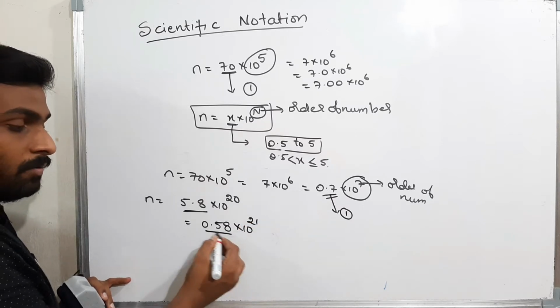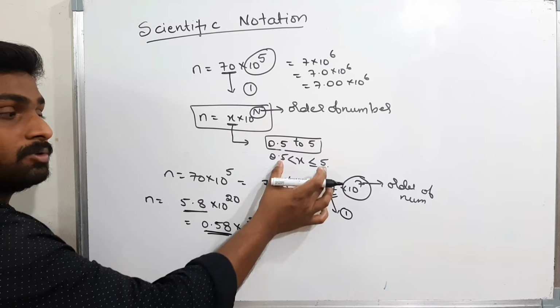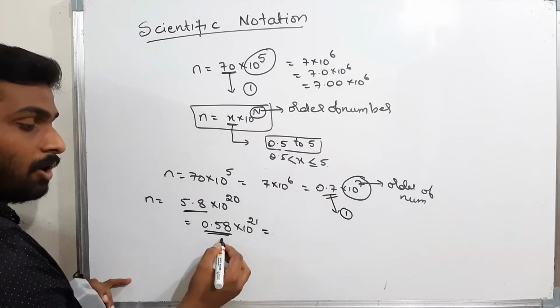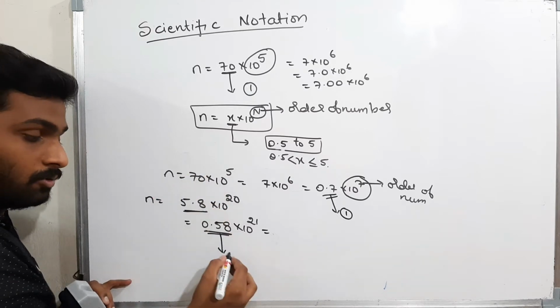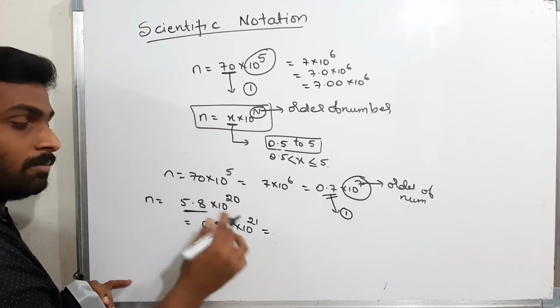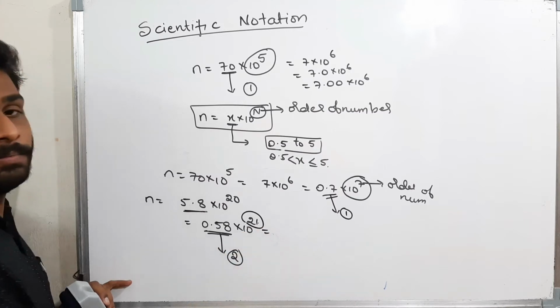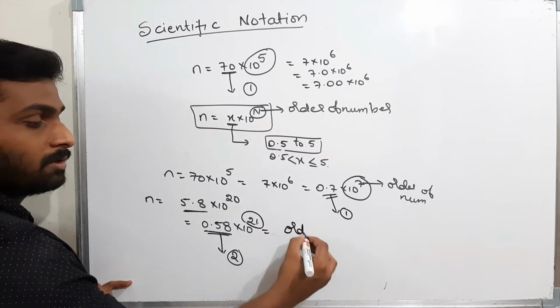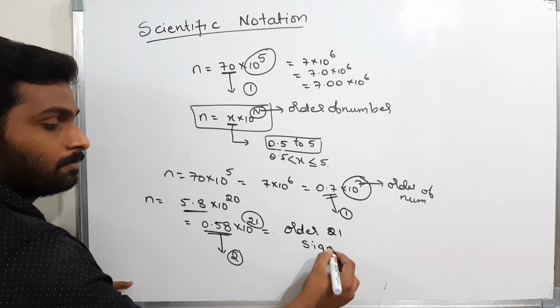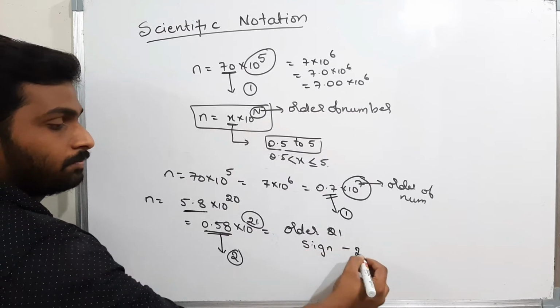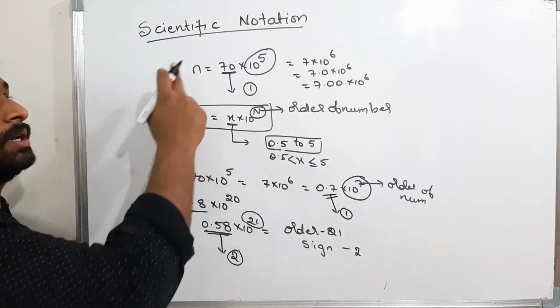Now see, 0.58 lies between these two numbers. How many significant figures are there? The number of significant figures is 2. And what is the order of this number? The order of the number is 21 and the number of significant figures is 2. I think scientific notation is clear.